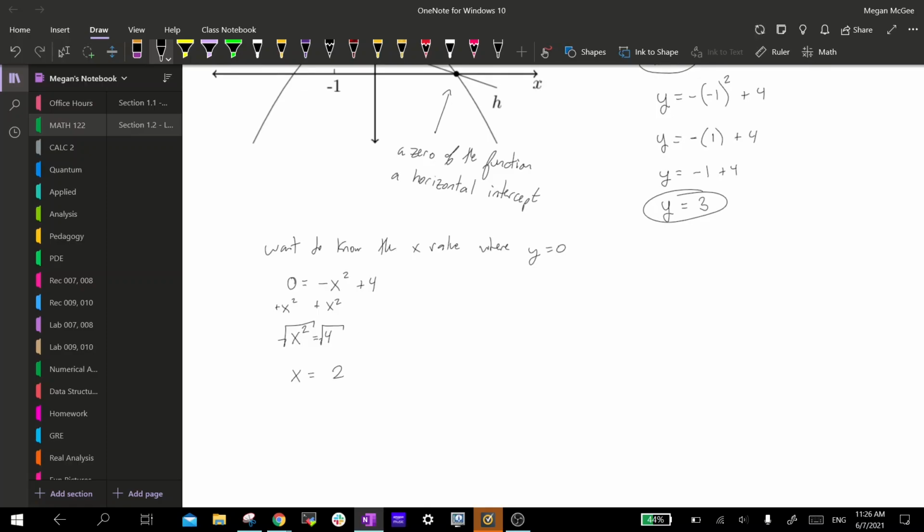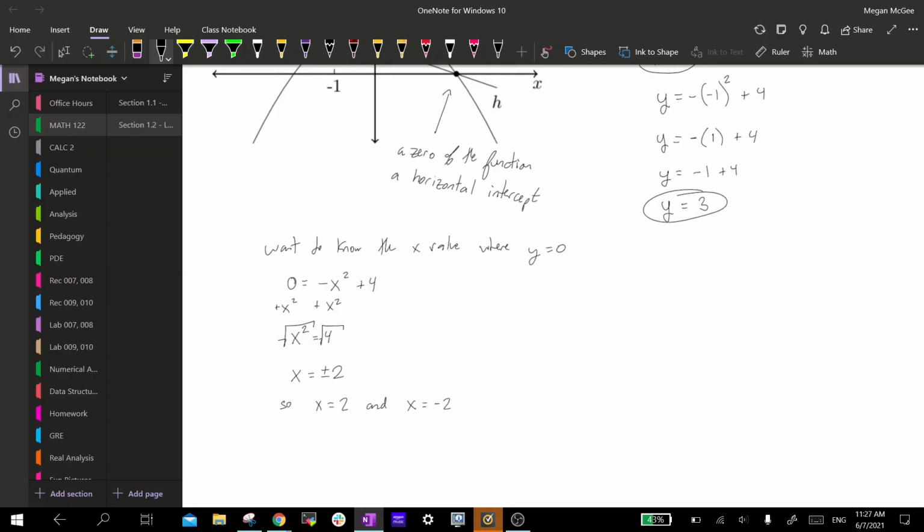But what about negative 2? Alright, so x is equal to positive 2, and x is equal to negative 2. Alright, if you think about it, negative 2 times negative 2, well, the negatives cancel each other out, so that will be positive 4.